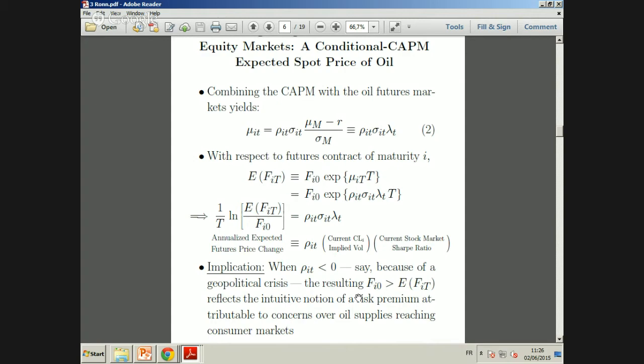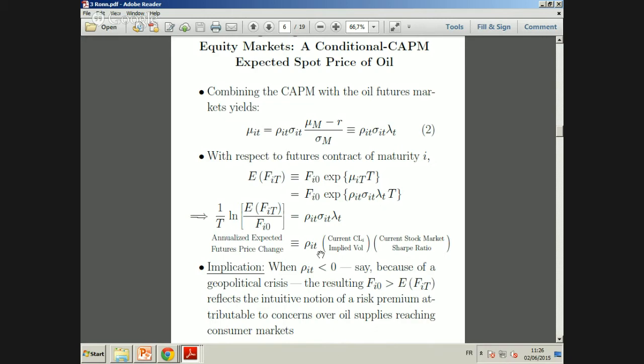In a demand side situation, when the correlation is positive, you should get the other way around, right? You should get that futures prices are below the expected prices as you get the risk premium going in that direction. So I think the importance of at least trying to get a forward-looking correlation is to address this issue of when does the risk premium switch signs. So that's sort of the idea.